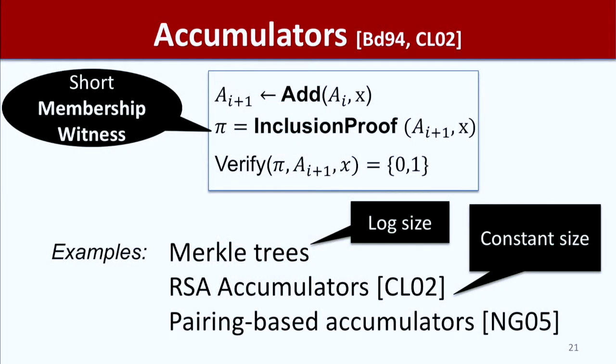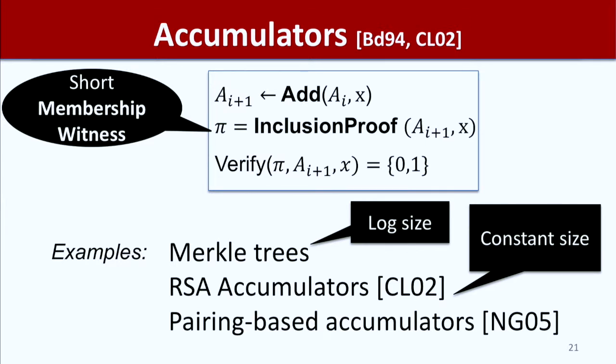Now, accumulators also have a function that allows you to add to the accumulator and therefore update the hash or digest, whatever you would like to call it, or accumulator state, which I'm notating here as A_i.